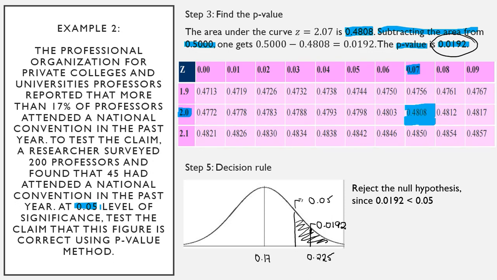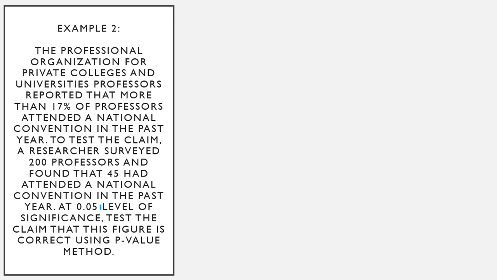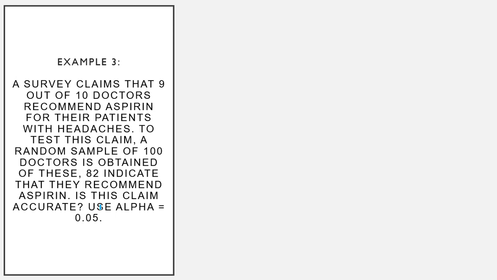Okay. So let's proceed on my last example. And this example po, balik tayo kay traditional method. A survey claims that 9 out of 10 doctors recommend aspirin for their patient with headaches. To test this claim, ayun yung kiniklaim natin ha, na 9 out of 10 doctors daw is nagre-recommend ng aspirin for patients na may headaches.